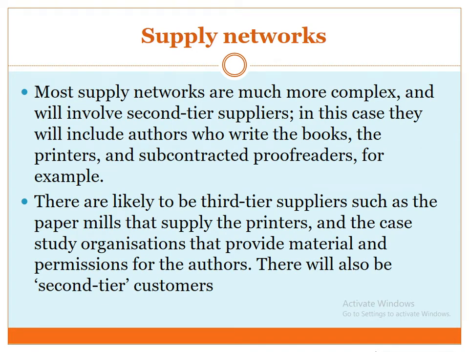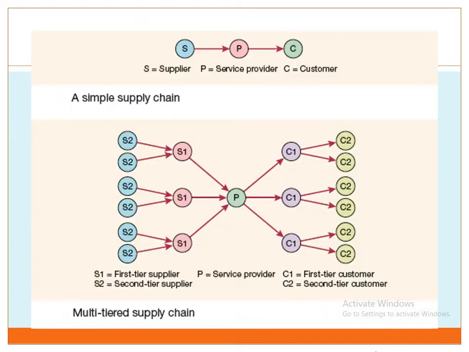Let's consider the example of a book retailer. In essence, they will buy books from the book publisher, that is the suppliers, and make them available in their shops or maybe on their websites for their customers. So just look at this particular figure.